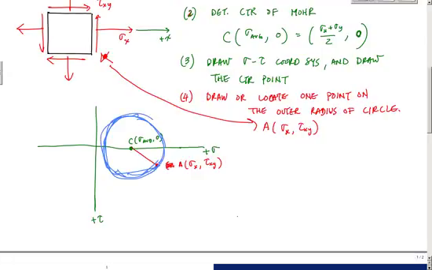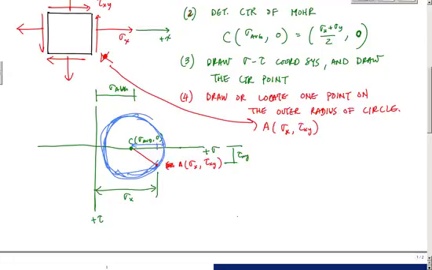Okay, it will do. And if you look here, check this out. This is sigma average right here. This point right here is sigma x, and this distance to point A is tau xy. So I know this distance is just sigma x minus sigma average.